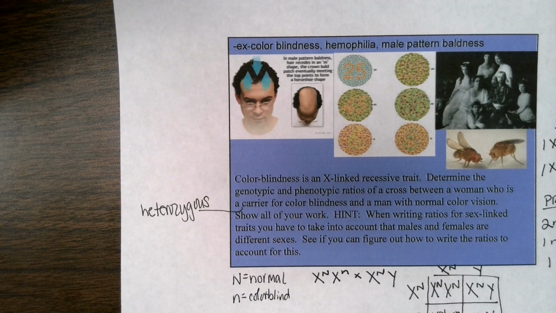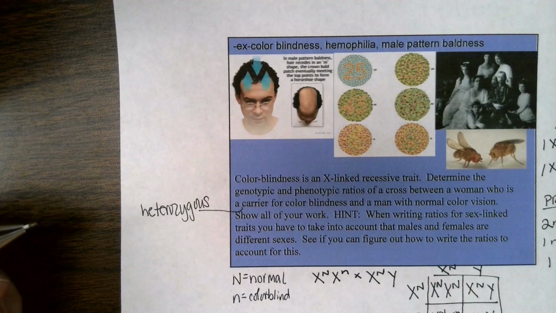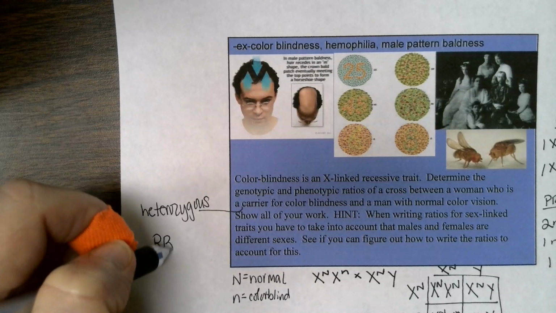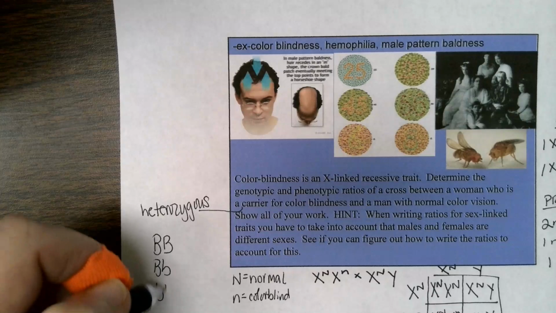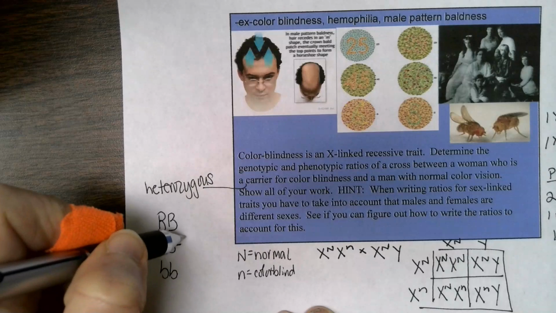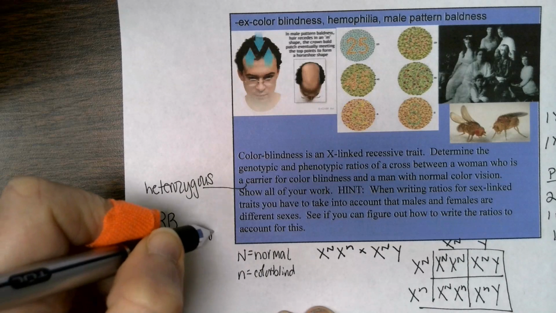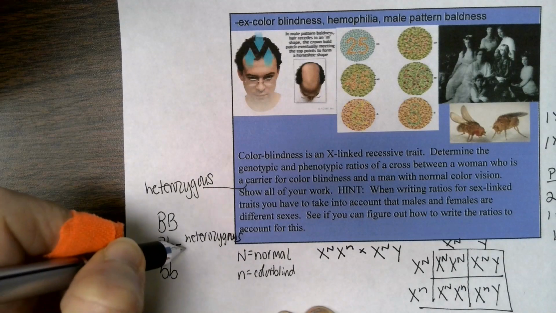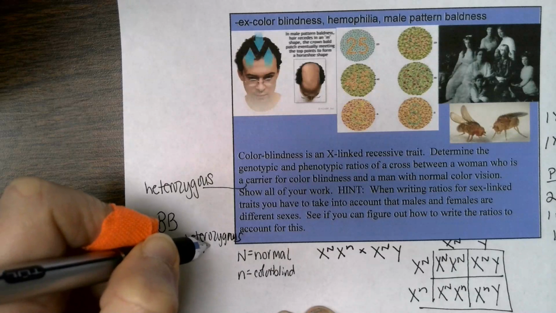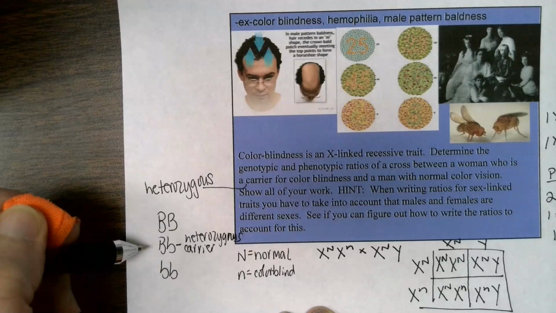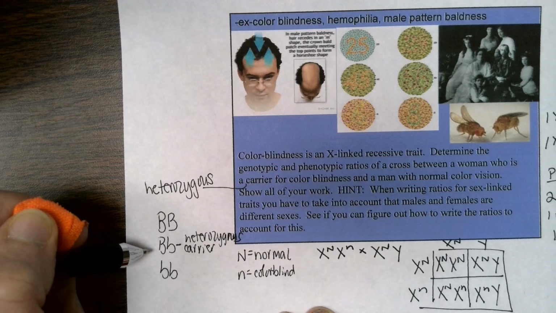If we're talking about a trait that follows Mendel's rules, let's just use B's, these are your carriers, your heterozygous carrier. Cystic fibrosis, for example, is another genetic disorder that follows Mendel's rules, and a carrier of that would be written like this.